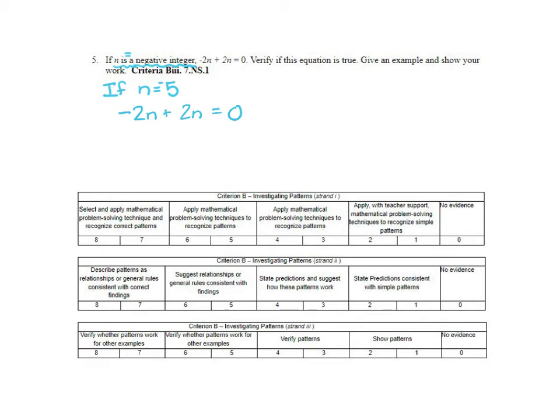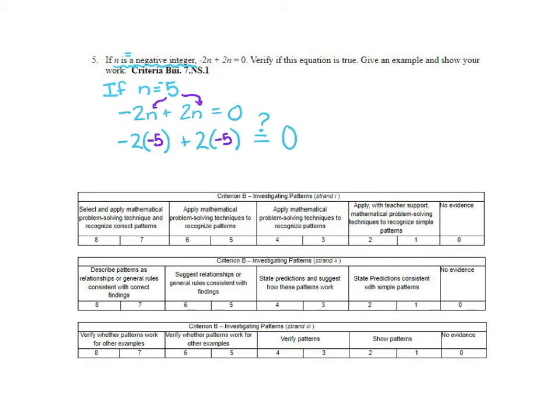We're going to substitute this negative 5 in for the n in both places. The negative 2 stays the same, and that positive 2 stays the same. But instead of where my n is, I'm going to check, does this work? Is it still 0?